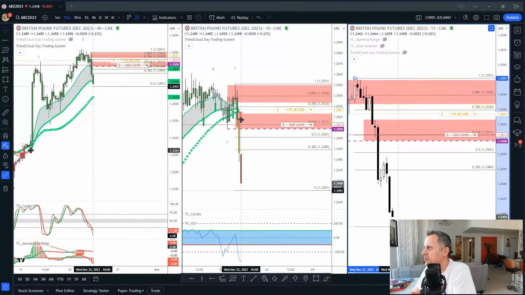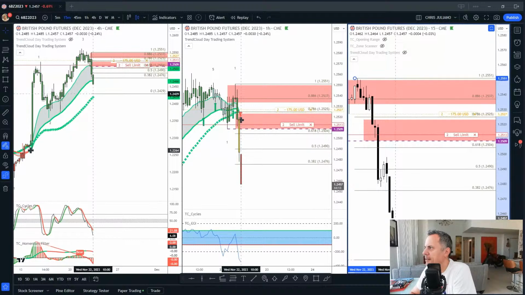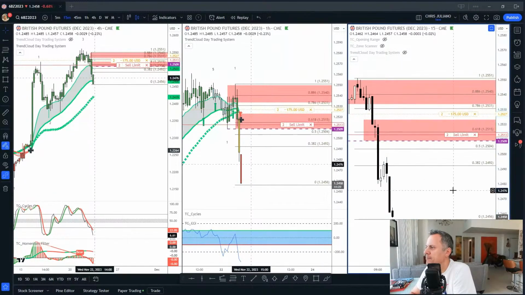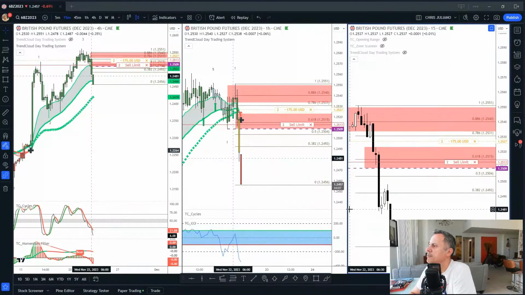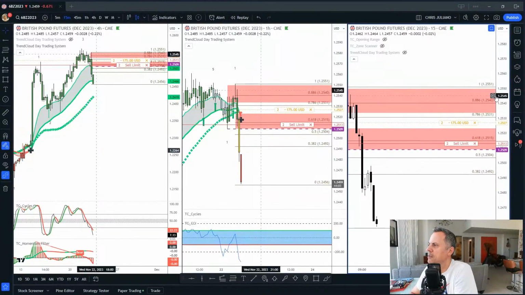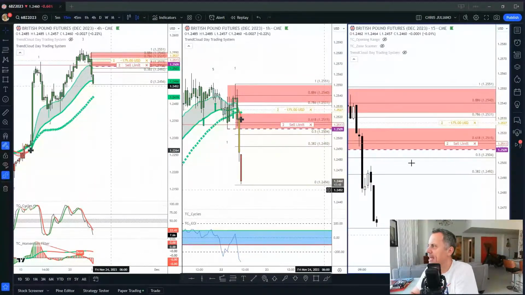If this keeps going down, you can see that the fib levels are shifting. So you just have to keep that in mind. We'll see how that goes, but that is still a good level for a test. It comes back, hits that supply zone, boom, move to the downside, and you've got all this momentum at your back.